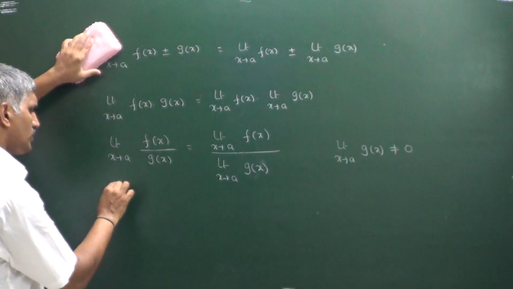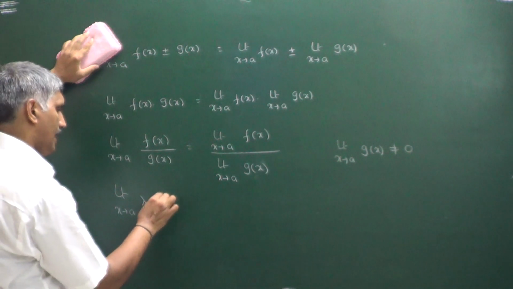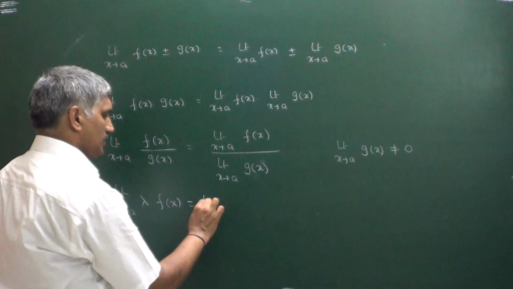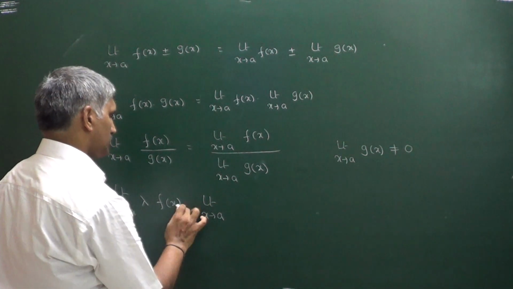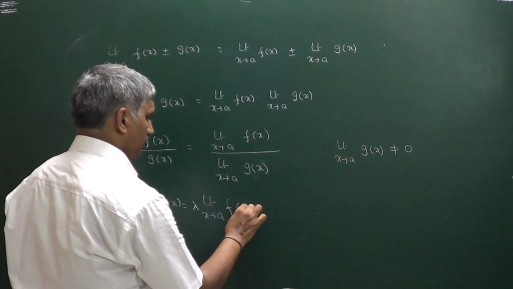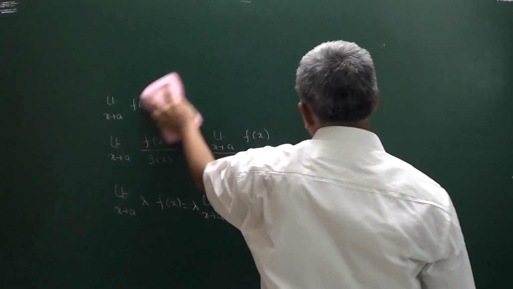At the same time, limit x tends to a, lambda into f of x, where lambda is a scalar, we can write that one as lambda into limit x tends to a, f of x.